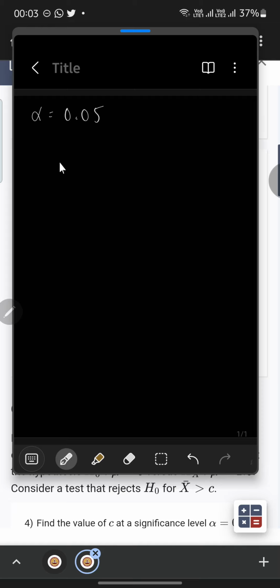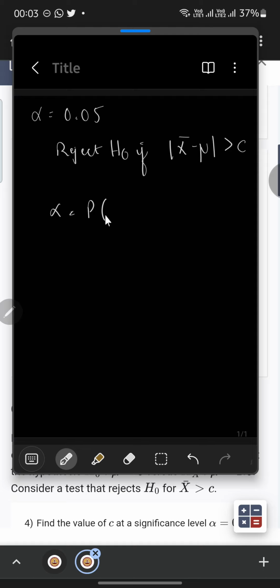We reject the hypothesis if the mean minus mu is greater than a critical value C, right? So alpha equals the probability of mean minus 10.5, which is provided in the question, being greater than C, given that this is conditional.